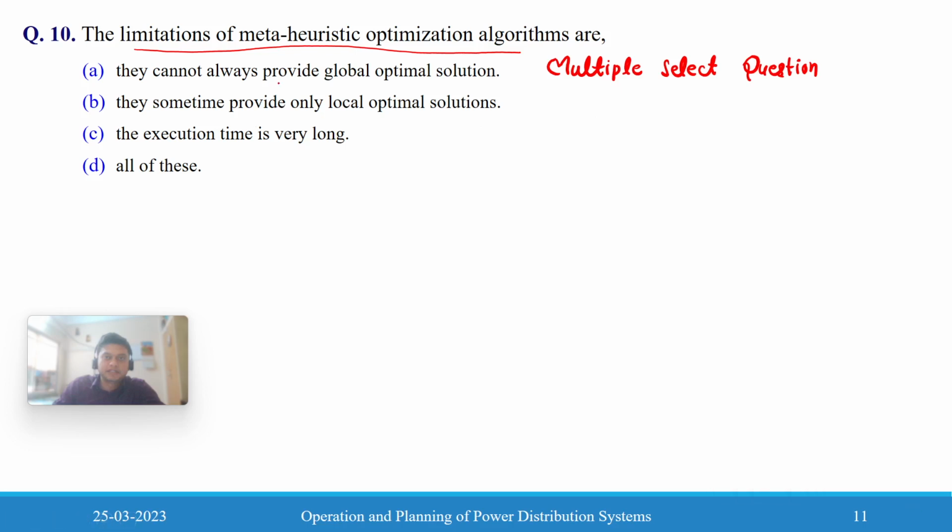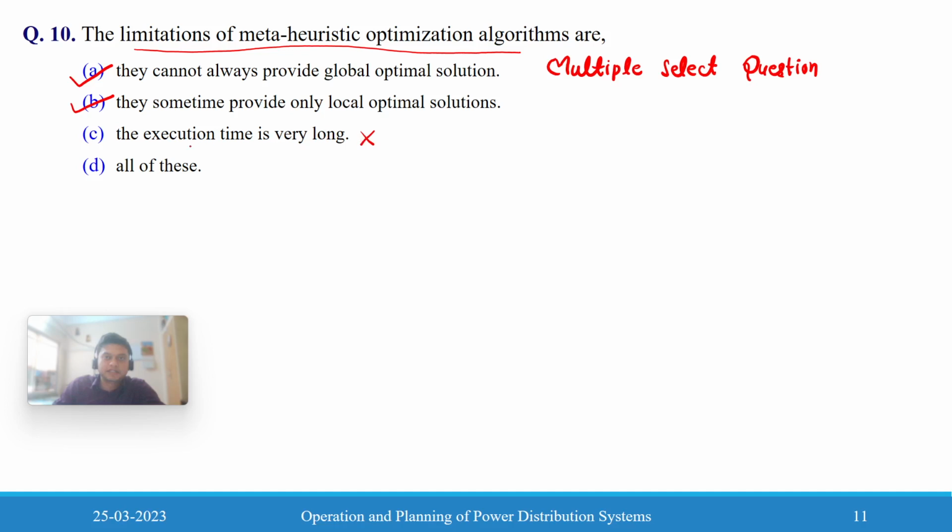So they cannot always provide the global optimal solution. They sometimes provide only local optimal solutions. So both are limitations of meta-heuristic optimization algorithms. So A and B are the correct choices.